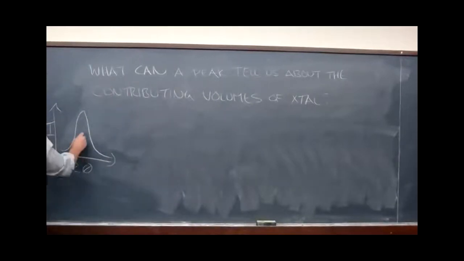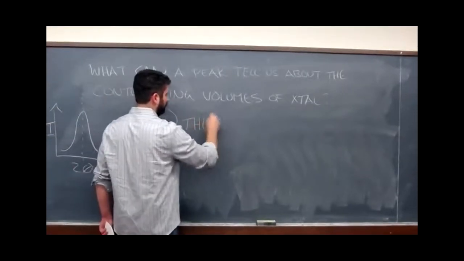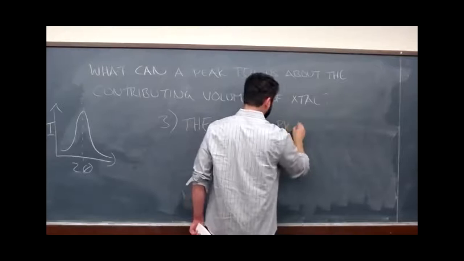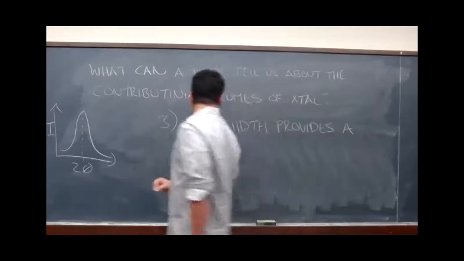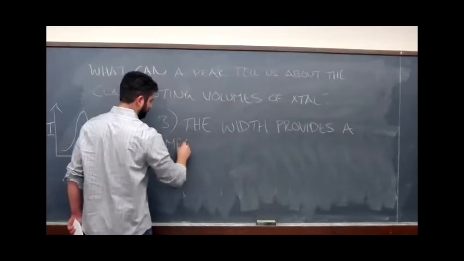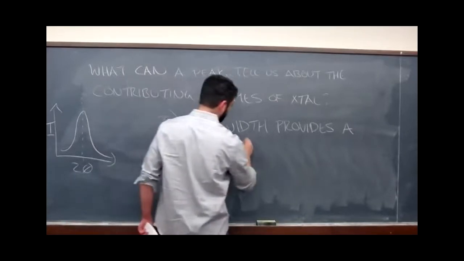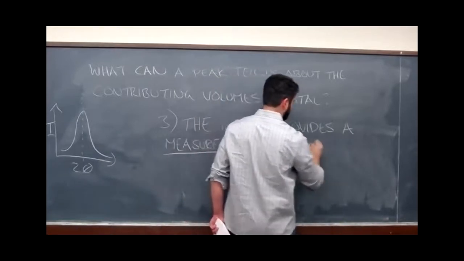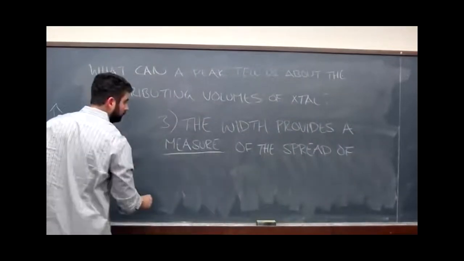So we talked about the area under the curve and the centroid. And lastly, the width provides a measure of the spread of lattice plane spacings in that set of crystals.